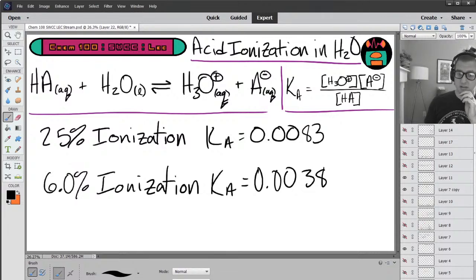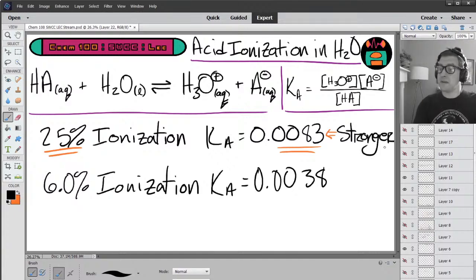Notice that a larger percent ionization gave us a larger value for Ka. That's because this acid is stronger. It's stronger because it's producing more hydronium. It has a higher percent ionization, and the Ka reflects that.